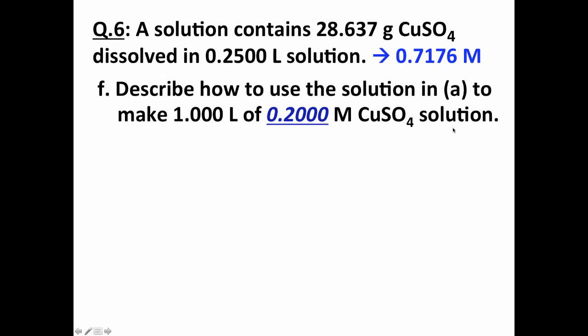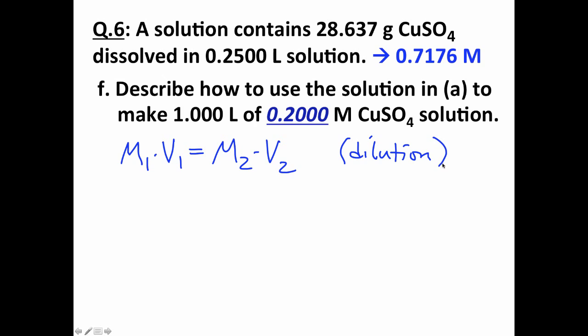Now note, there's another way to do this as well. We have this equation that we've seen before, M1 V1 equals M2 V2. This is a dilution equation. It works for dilutions. It doesn't work in general.